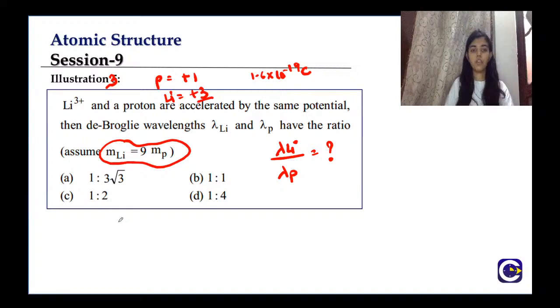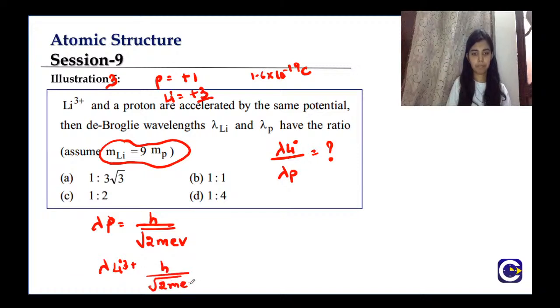Here, lambda of proton will be equal to h upon root 2 mqV. Similarly, lambda for lithium 3 plus will be h upon root 2 mqV. These are the formulas. Now we know that h will be the same for proton and for lithium, right?